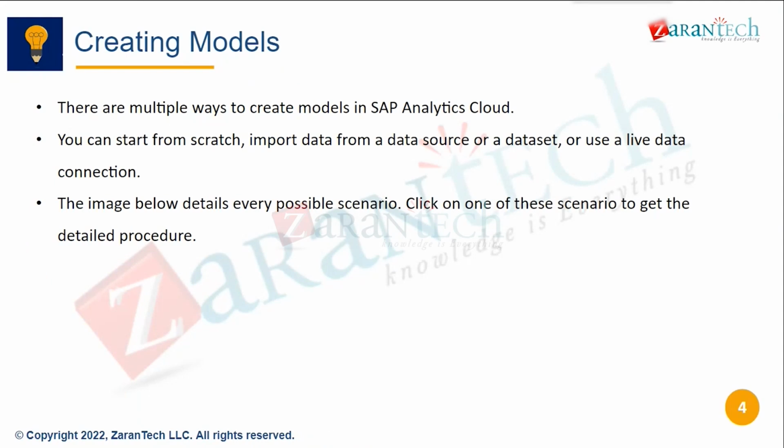So creating a model, there are multiple ways to create a model. One important way, we started it yesterday, but just to recap, is by uploading a CSV file. Another important way is by connecting to a live connection. The third one is import connection. And the fourth one is to create from scratch.